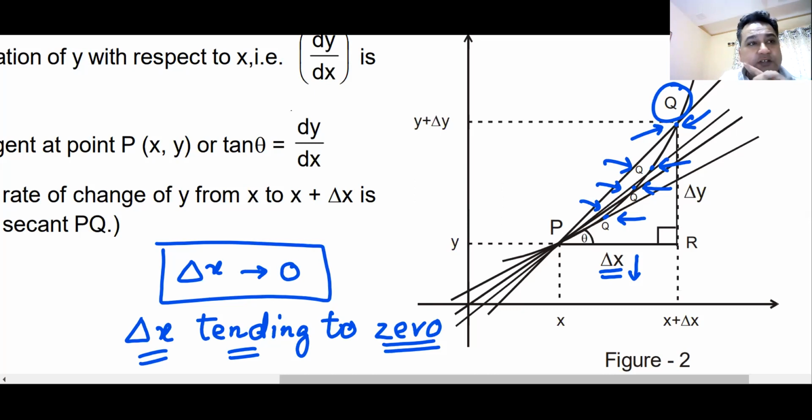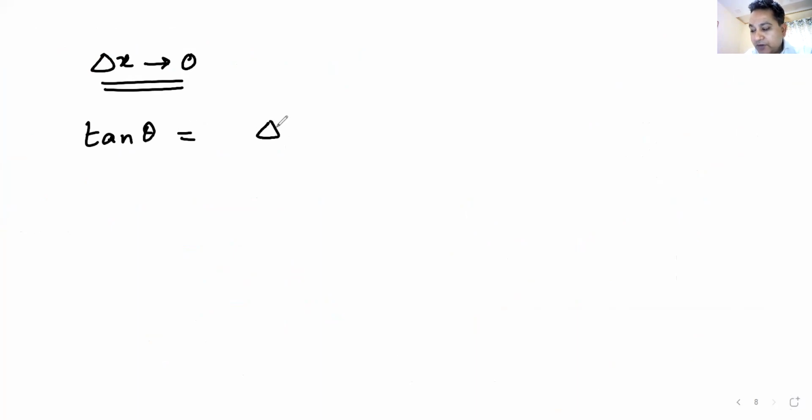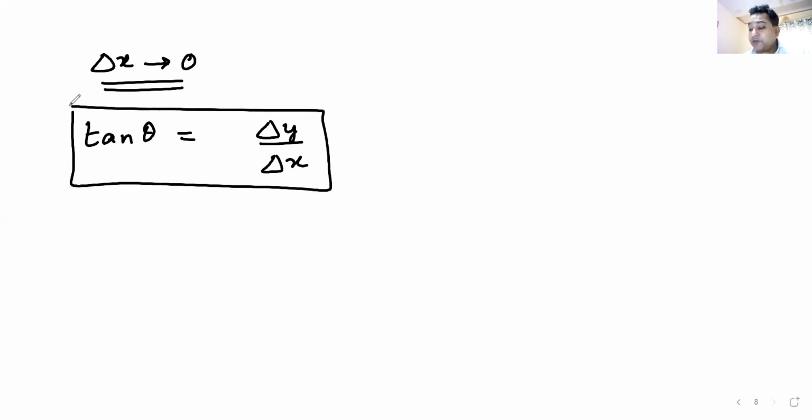I wanted to show this because if I try to draw this, it will become very cumbersome. So now, what we had seen there, delta x was tending towards 0. My tan theta originally was delta y by delta x, and this was giving me what?